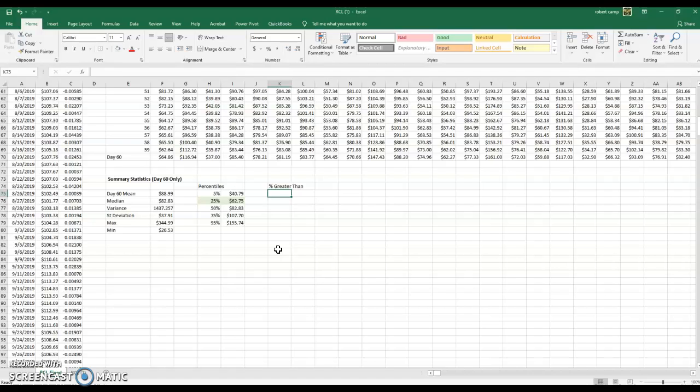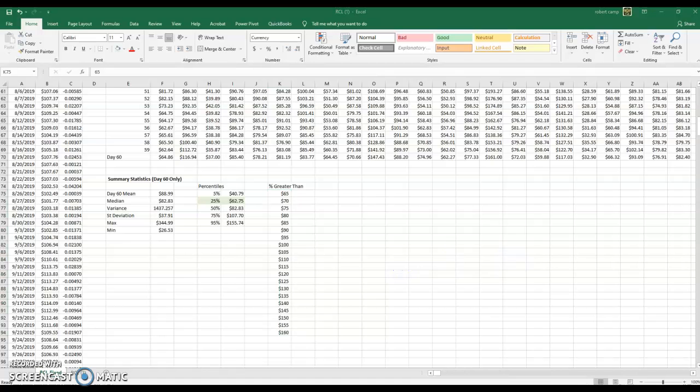So let's look at $65 and then $70 and $75. And then from there, we'll just run that up to about 150 or so. So $160, there we go.